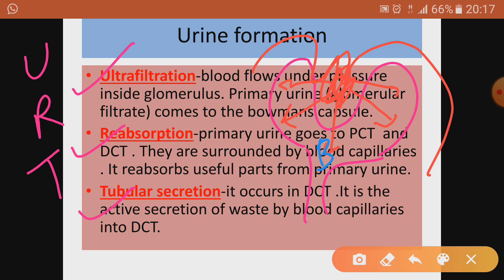But this urine which comes out by the process of ultrafiltration is not the proper urine, it is called primary urine, because this primary urine may have some useful substances which need to be absorbed by the blood capillary again. So it's not the proper urine, it is called primary urine.